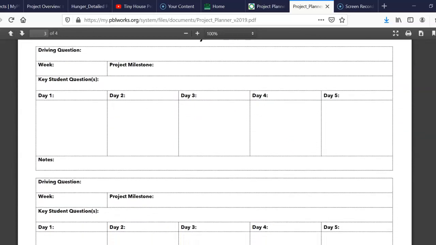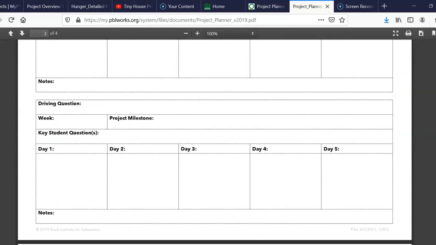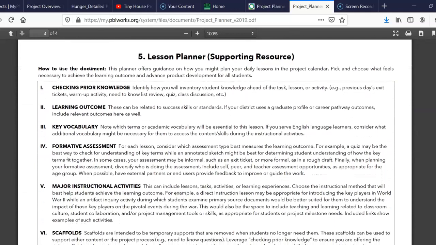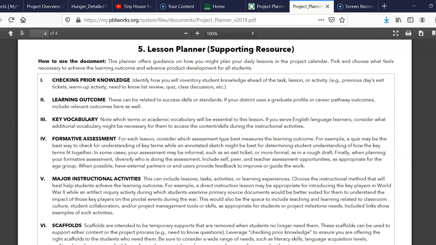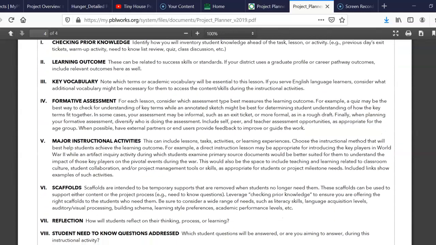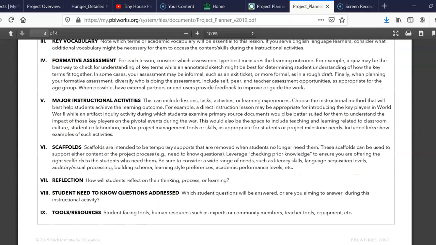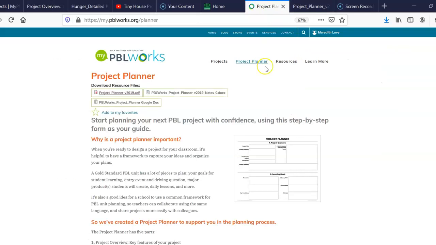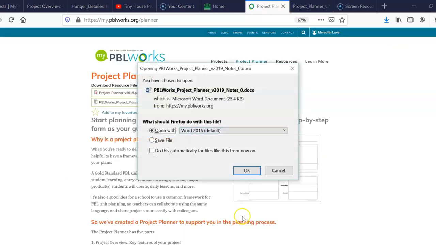And then this has a more detailed planner in here for you. And then here's a resource to help you fill these things in, that kind of explains the different categories. So again, this is the project planner. And here's a project planner with notes in it.